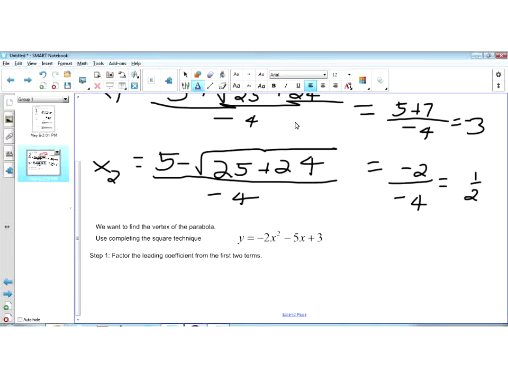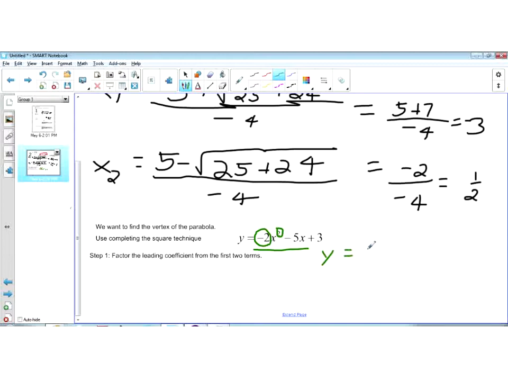All right, so first of all, what is the leading coefficient? Well, as you probably can guess, it is this number right here. It's the coefficient on the term with the highest exponent. So in this case, we want to factor -2 from the first two terms right here.